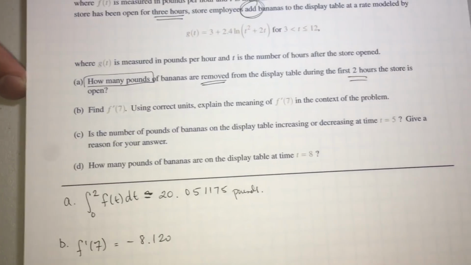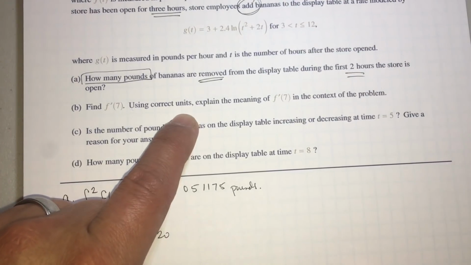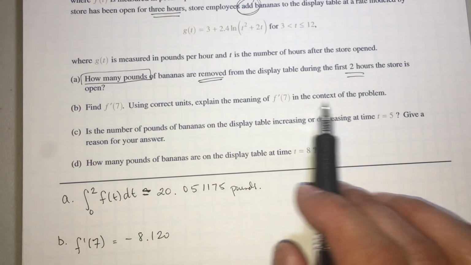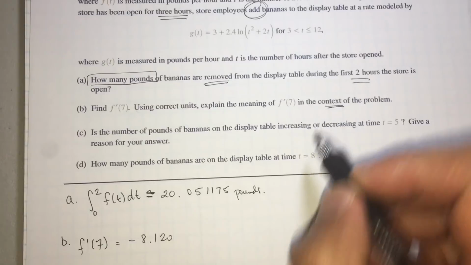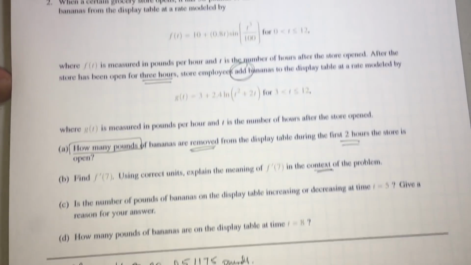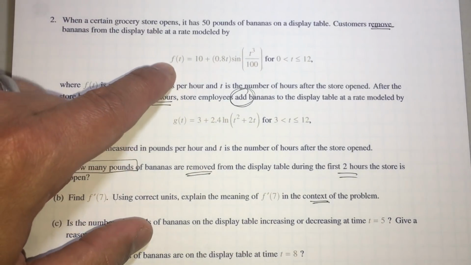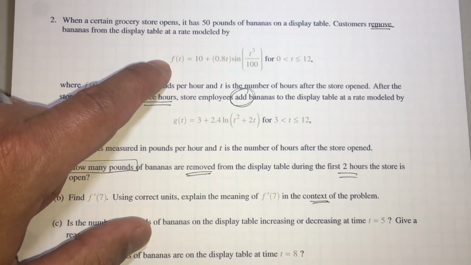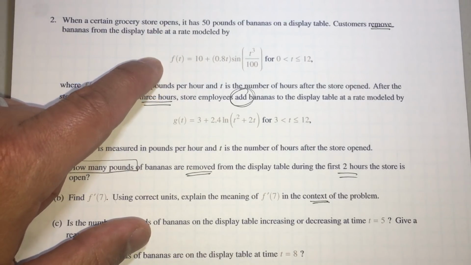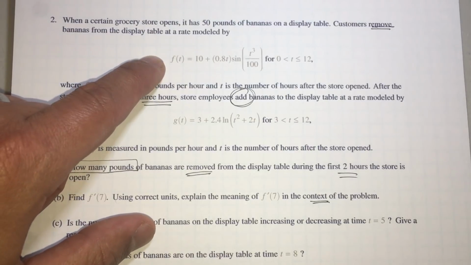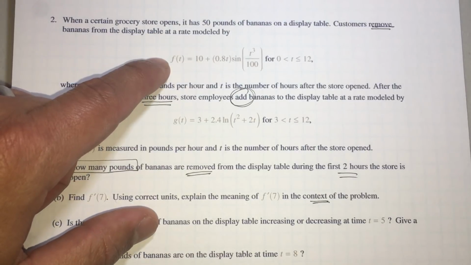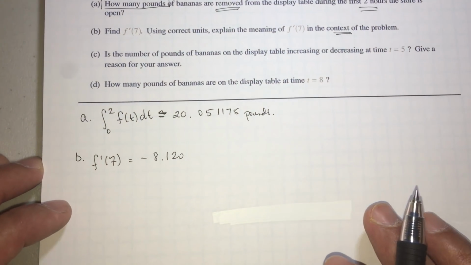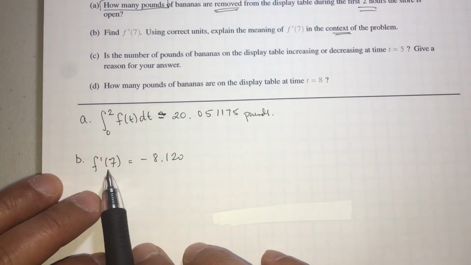And it says using correct units, explain the meaning of f prime of 7 in the context of the problem. So what had just happened? This is a rate. The rate of removing bananas. You just took the derivative of a rate. So now you get a rate of a rate. Okay? So what does this mean?